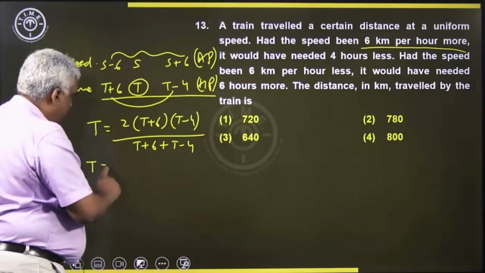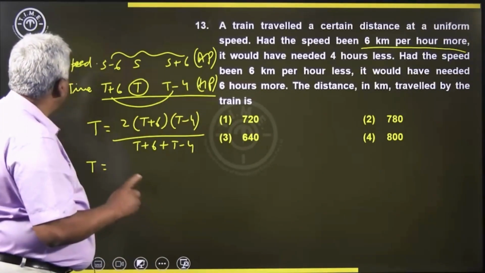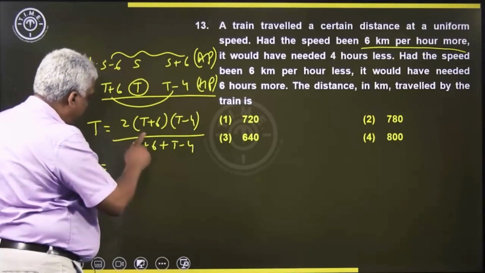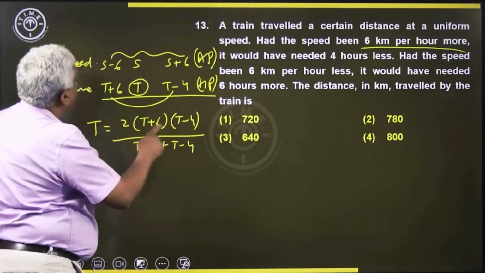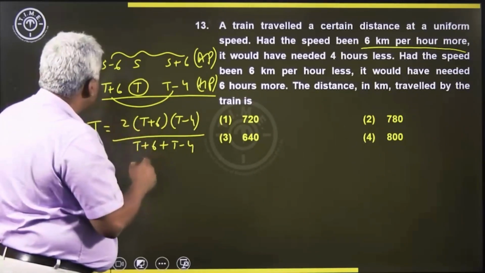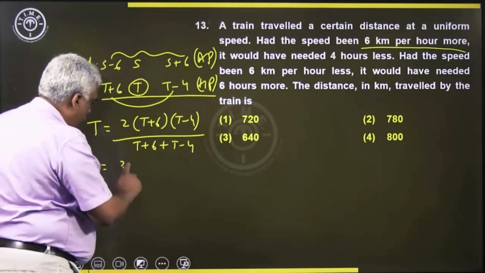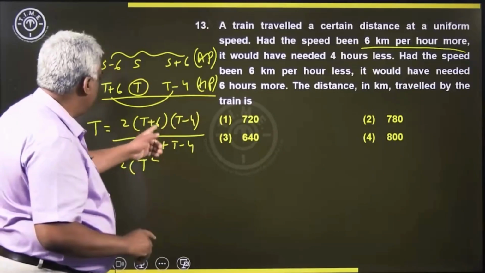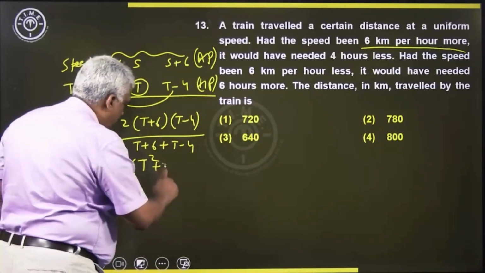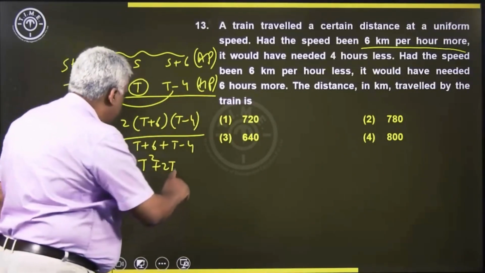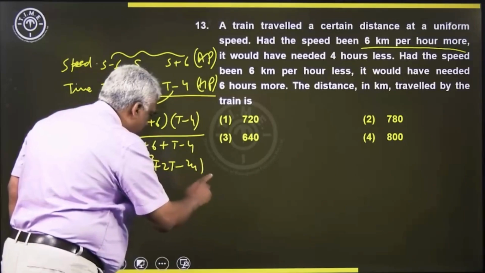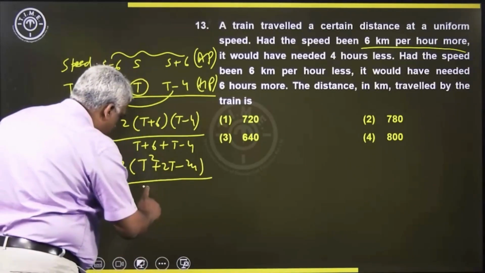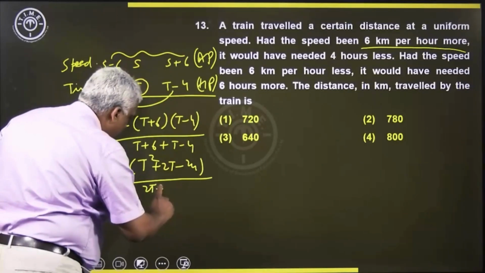So t equals, now you can put it here. So it will be 2 into t squared minus 4t plus 6t minus 24, divided by 2t plus 2.